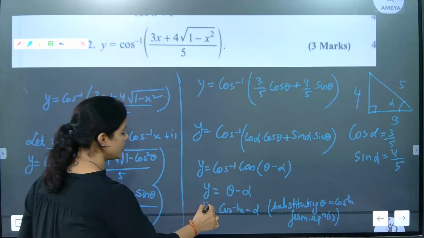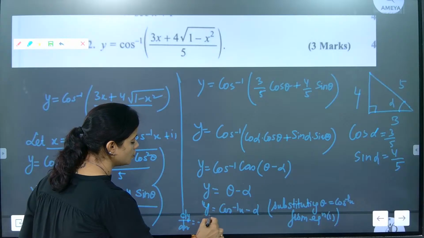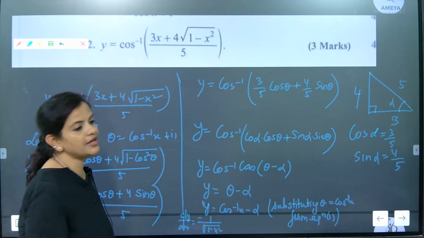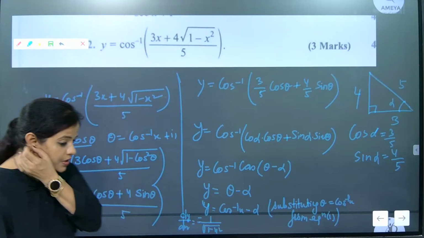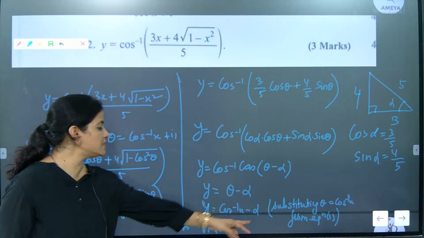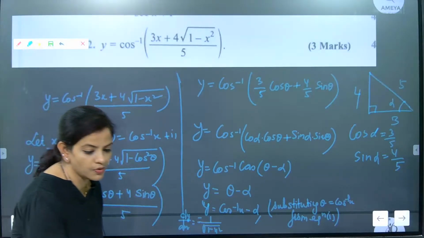Here, differentiation of cos inverse x is that only. And alpha is constant, so the differentiation of the constant will become 0.